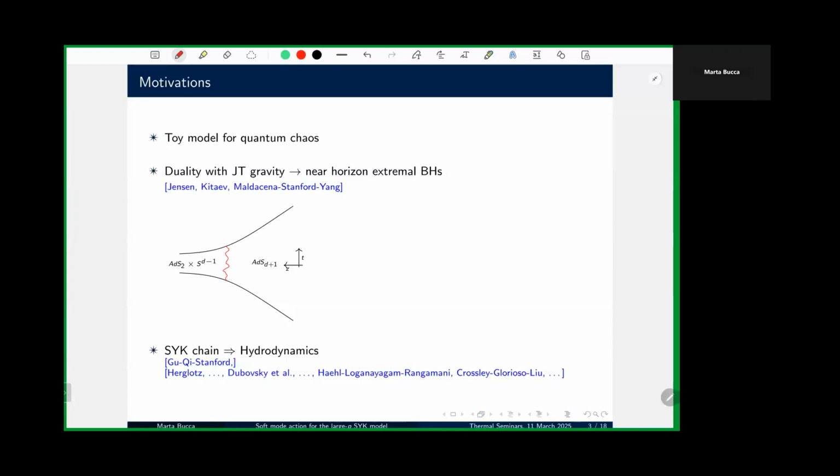However, you can add spatial locality to your model by building a lattice and placing on each lattice site a copy of your SYK model and allowing nearest-site interaction. Once you do this, you've built what is known as the SYK chain, and we were interested in studying the chain and in particular in studying the hydrodynamic limit. And this is the work in progress and the second part of this seminar.